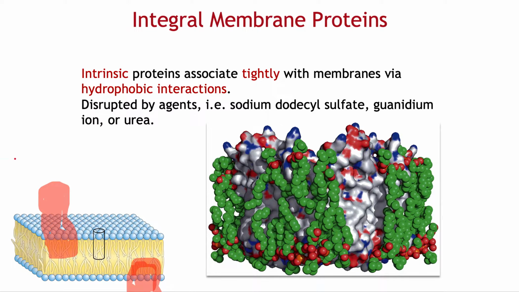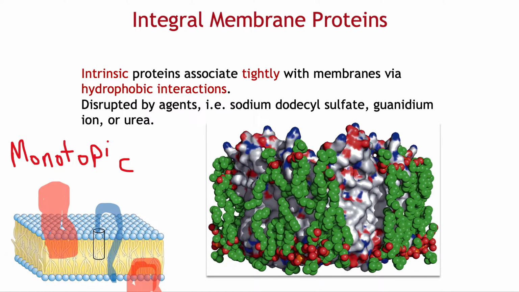So you could think about them as being mono, so only one section of the protein is embedded within the bilayer. Monotopic. Or it could be known as polytopic, and in polytopic proteins, the protein spans the entire lipid bilayer, right?